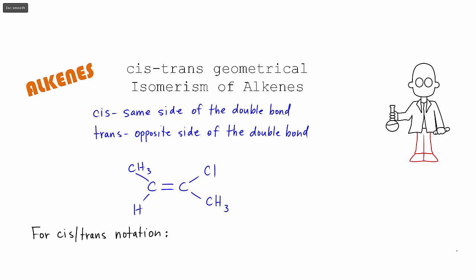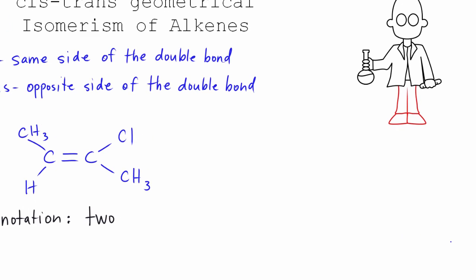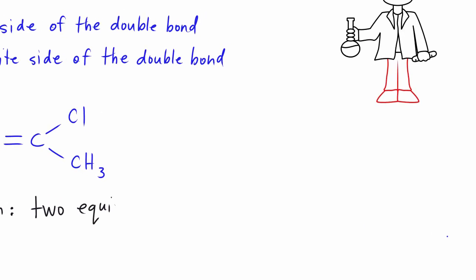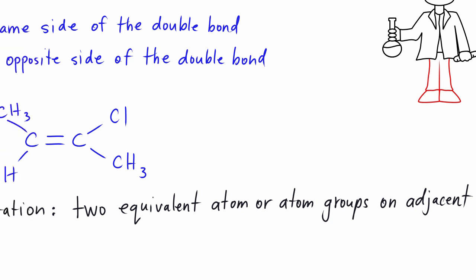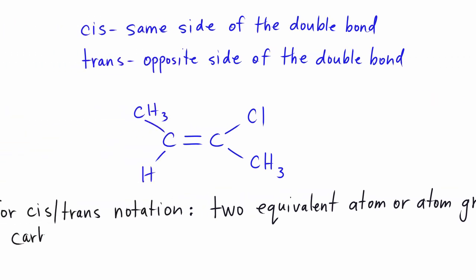We want to have two equivalent atoms or atom groups on adjacent carbons that contain the double bond.